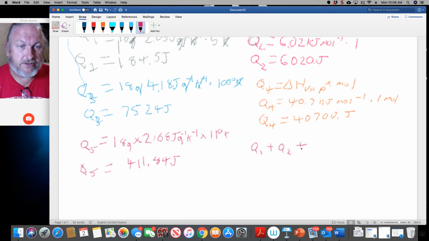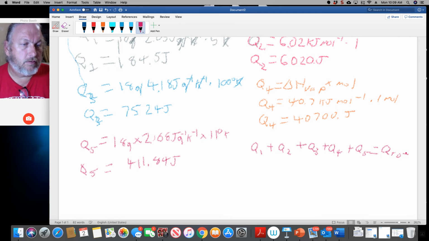I'm going to add it to the increase in temperature from 0 degrees C to 100 degrees C, so that's Q3. Then I've got to add it to the energy required to boil the water, that would be Q4. And then I've got to add it to Q5, which is the energy required to heat it 11 degrees from 100 to 111. And that's going to give me my Q total or Q sum.